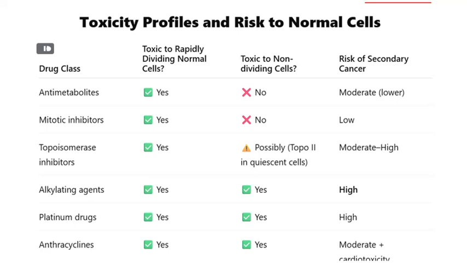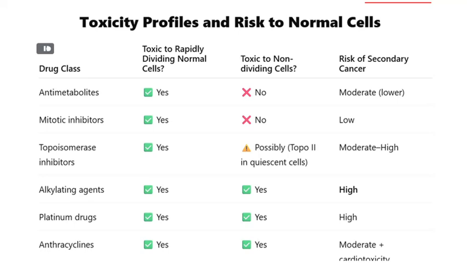The least dangerous of all these are mitotic inhibitors. We have vinca alkaloids and taxanes as mitotic inhibitors.